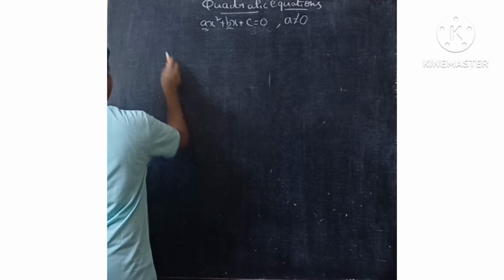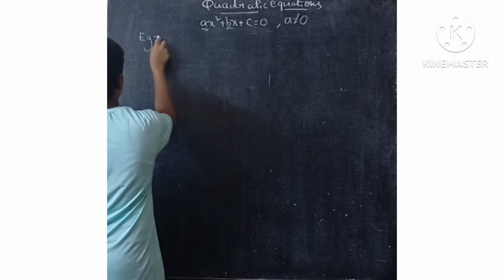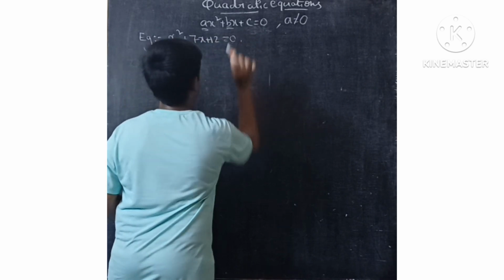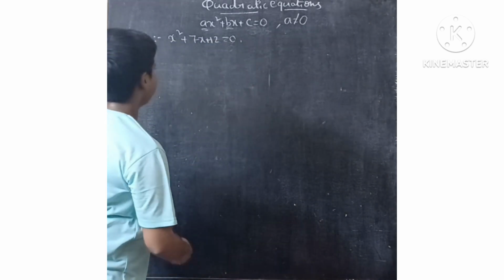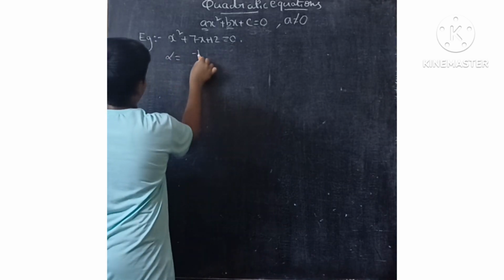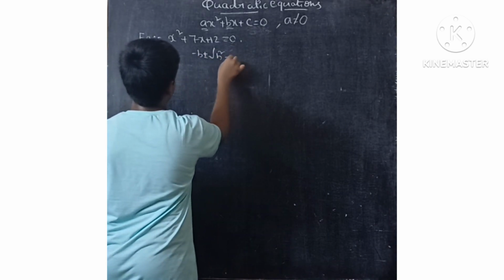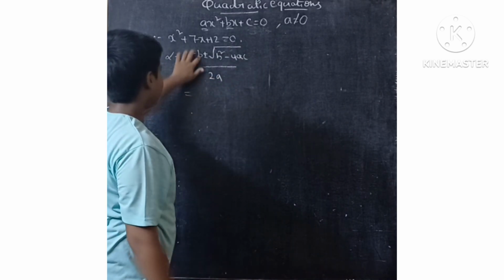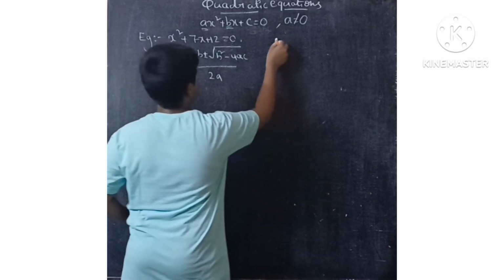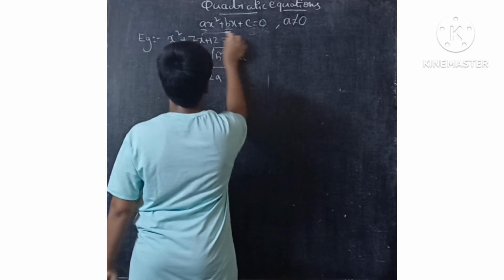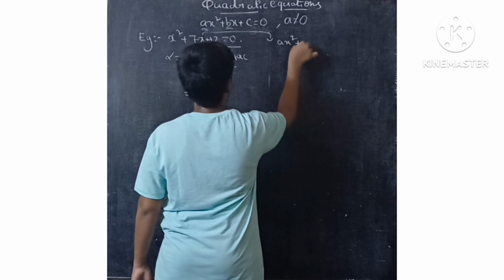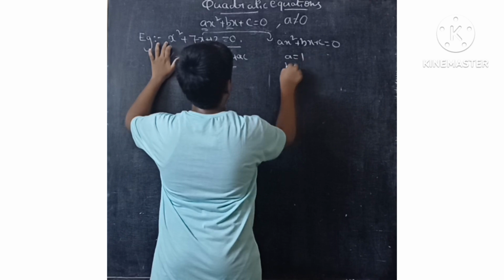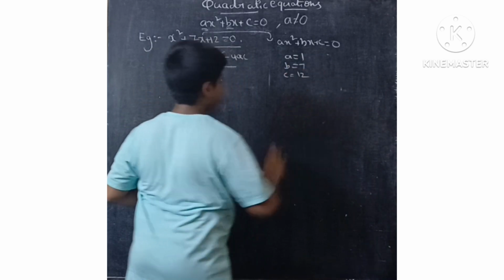And here, if I take x square plus 7x plus 12 equal to 0, by using quadratic formula, how to find the roots means, first I am taking alpha is equals to minus b plus or minus root over b square minus 4ac by 2a. Minus b means this. Okay, so first a values, b values, c values. And this quadratic equation is nothing but ax square plus bx plus c equal to 0. So in this a is nothing but 1, b is 7, c equal to 12.